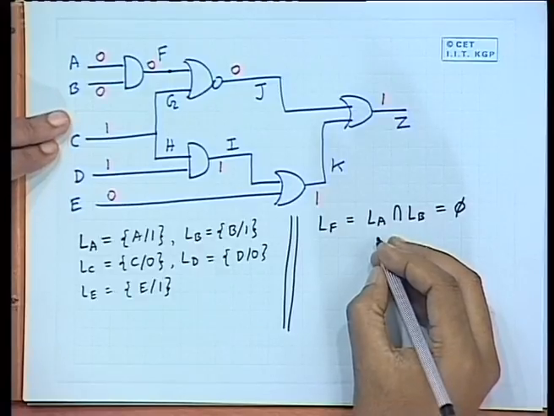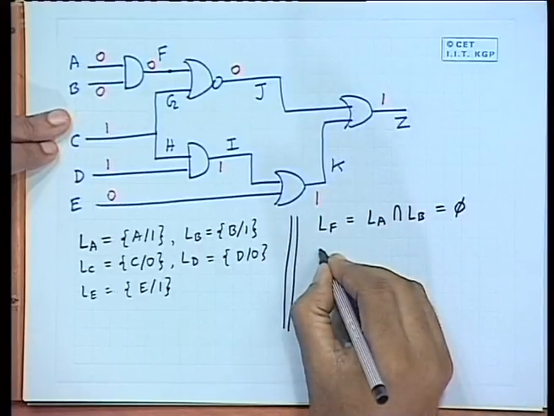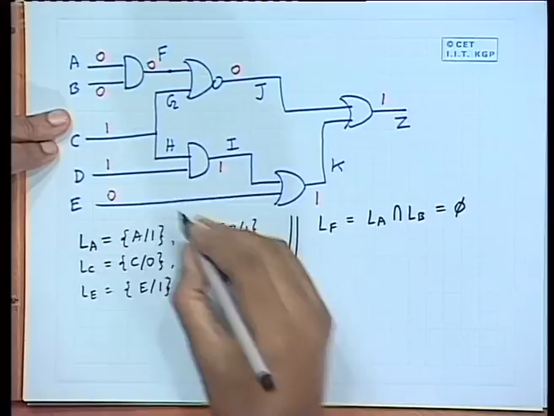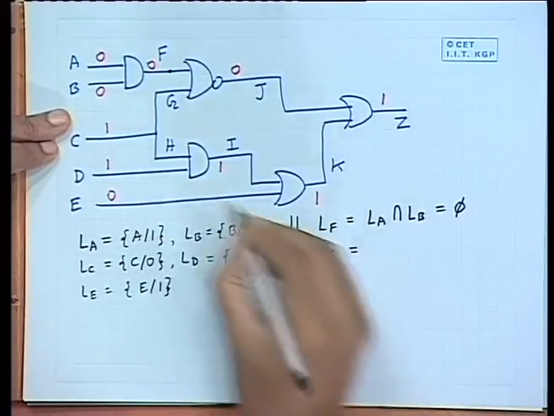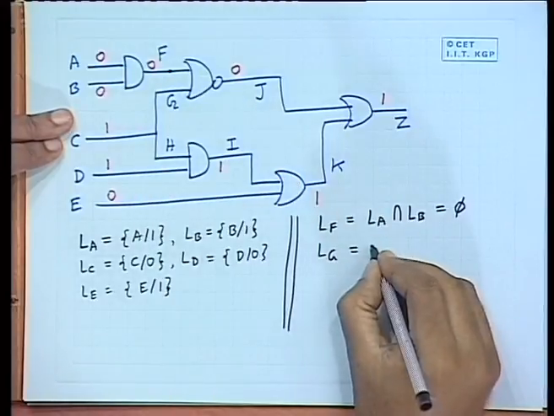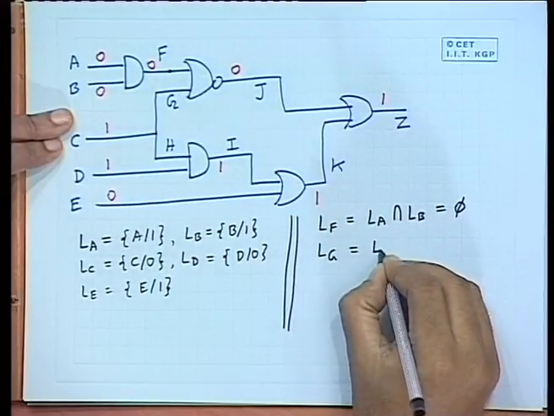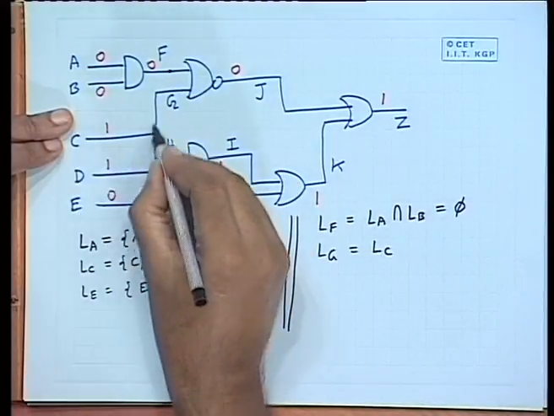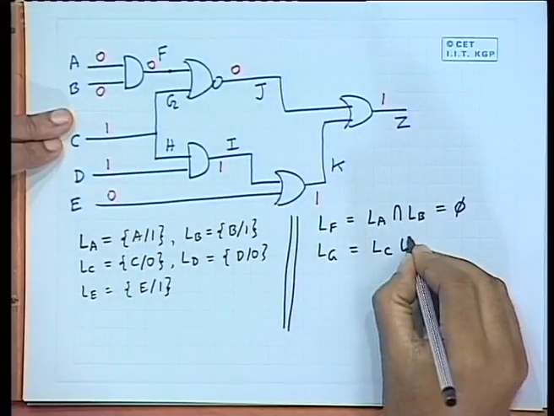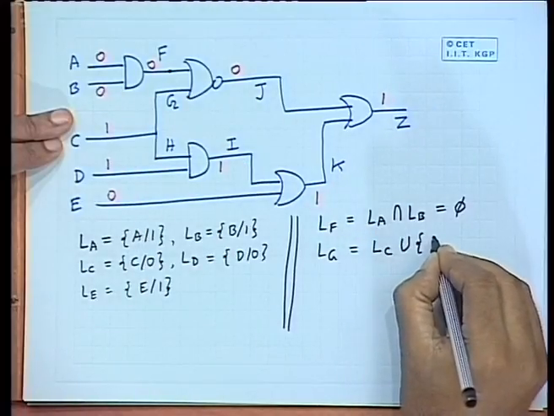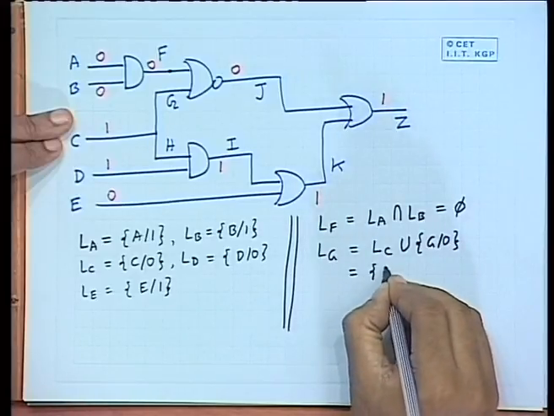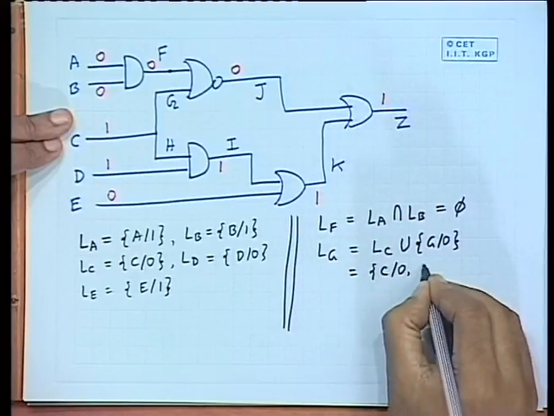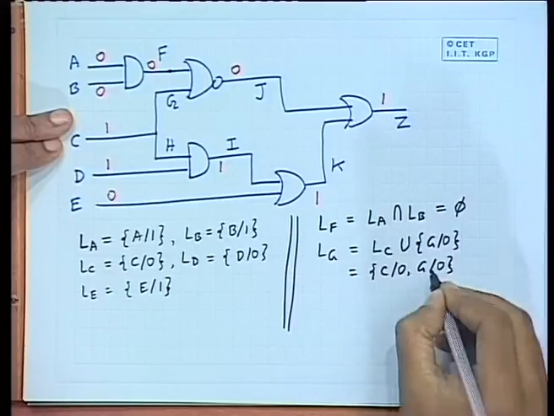Similarly, you can find out LG for example. LG will be, this is a fan out stem though. So, it will be LC, LC will be same, union an additional fault G stuck at 0. So, now it will be C stuck at 0 and G stuck at 0.